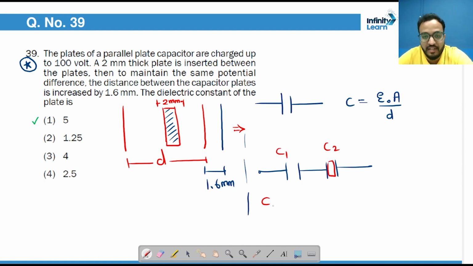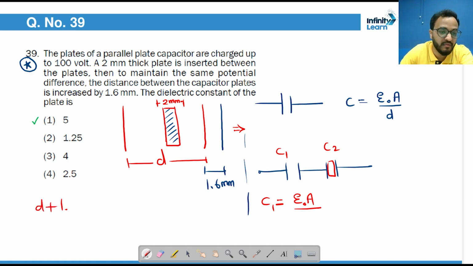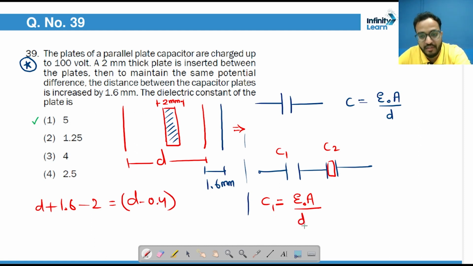Now what is C1? Let's write down. It will be epsilon naught A upon, what is the overall gap now? D plus 1.6 minus 2. That is D minus 0.4. Yes or no? So now the gap is D minus 0.4.